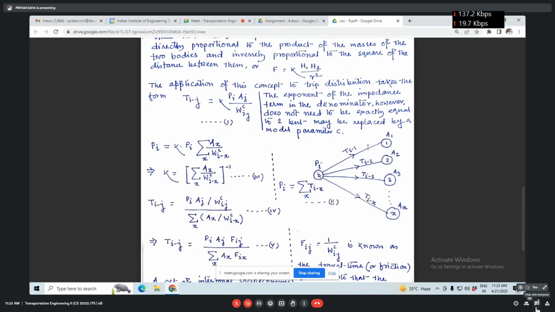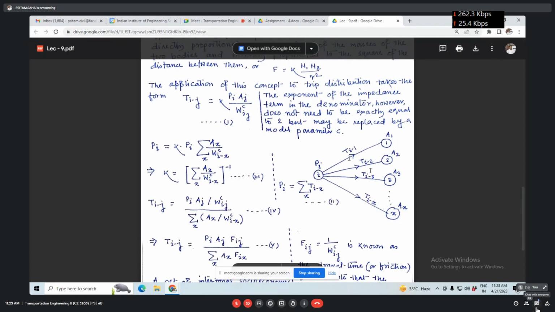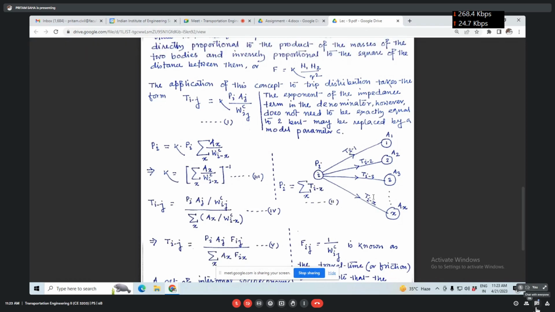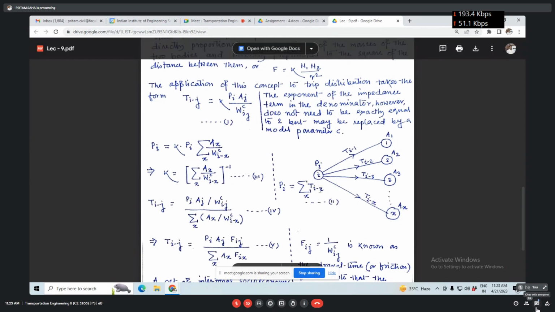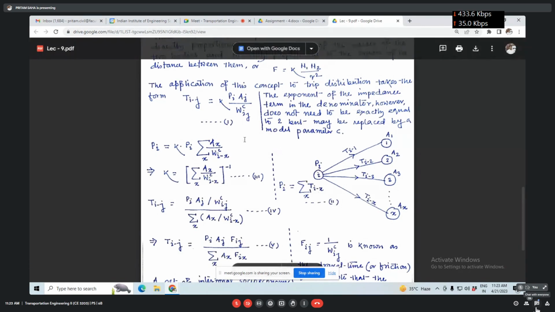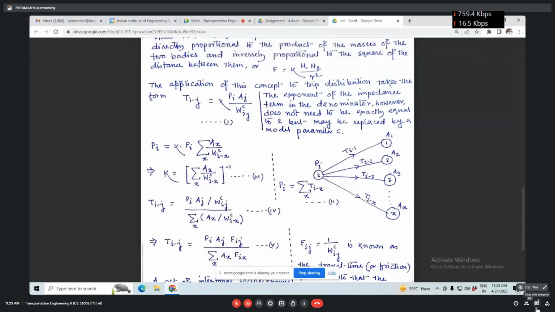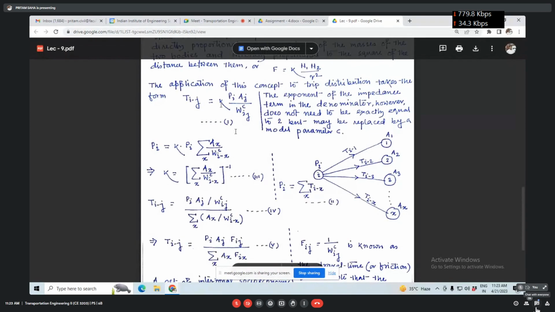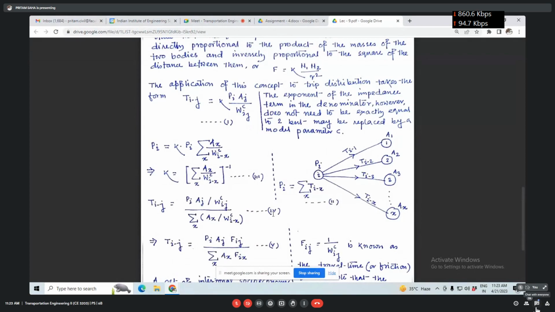Now the point is, if we add them all up, Ti1 to Tix, it will be nothing but Pi. So Pi can be expressed in terms of sum of Tix, right? So if you use equation 1 and equation 2, you get what? You get the constant value K. And now you take this constant in equation 1 and you get equation 4, right?